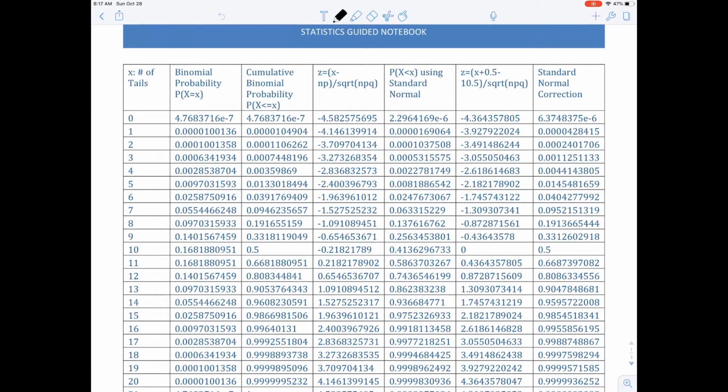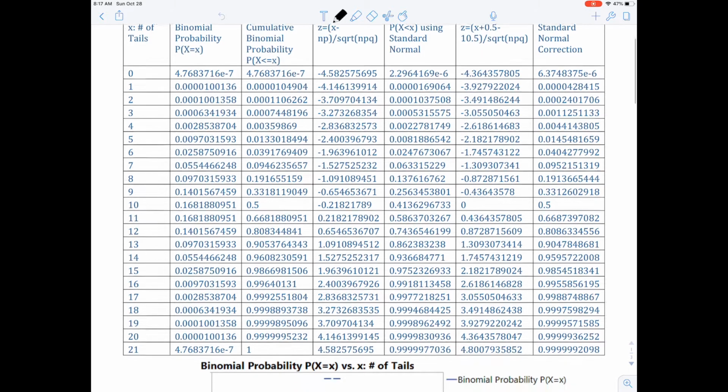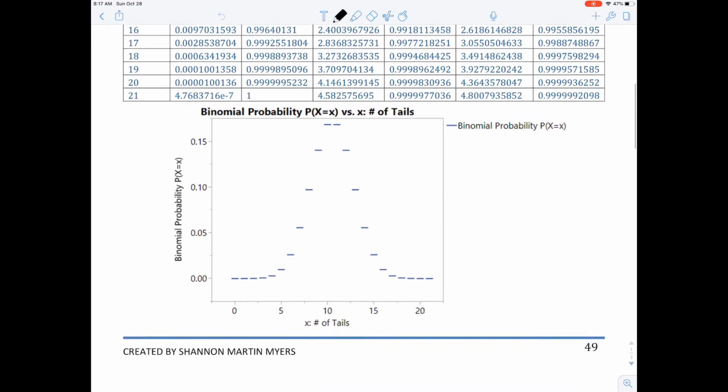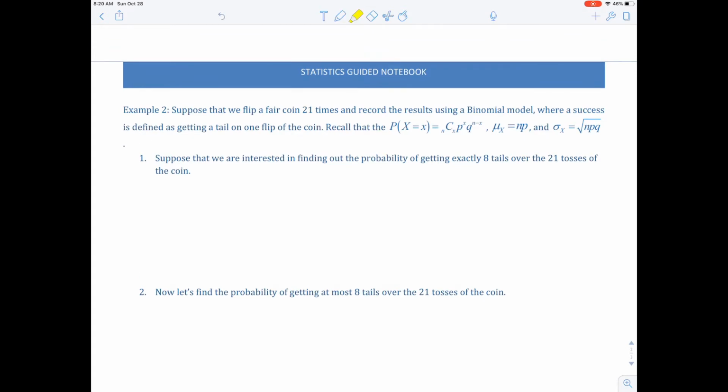So doing pretty well. Okay, so now this is what I did to illustrate how we can use the standard normal distribution to approximate the binomial distribution. I don't know if you remember, the binomial distribution can be a little bit grumpy.